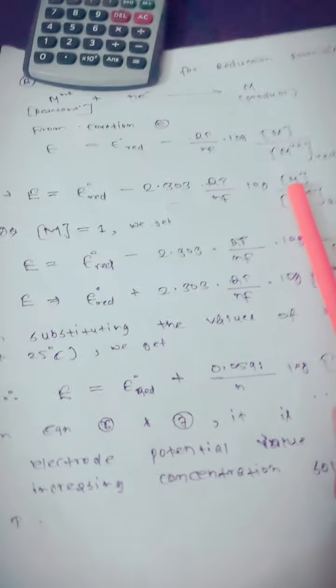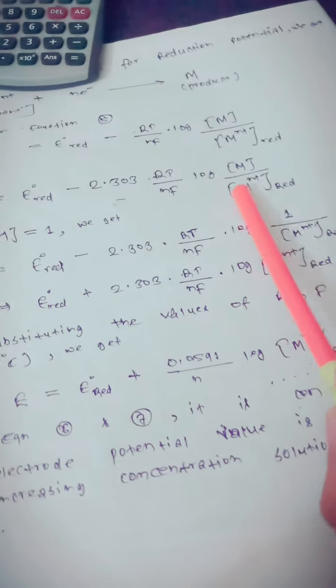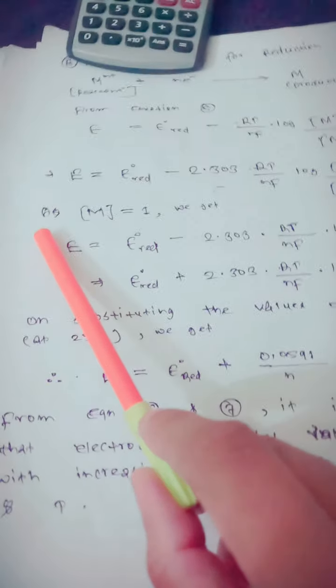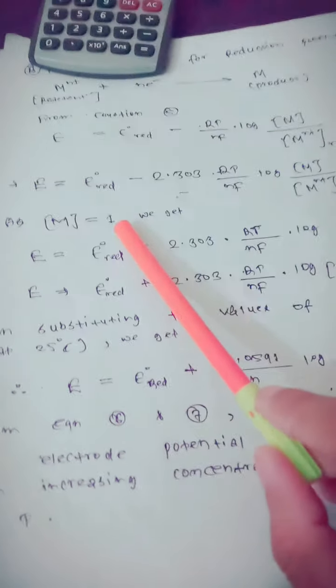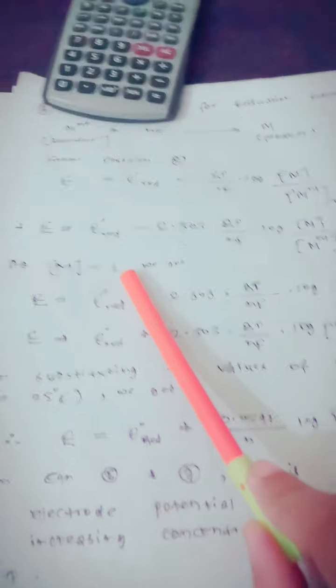So E is equal to E inert reduction minus 2.303 into RT by NF log of product by reactant. So as for concentration, here again M is equal to 1, but in this reduction potential it is just opposite of the oxidation potential.